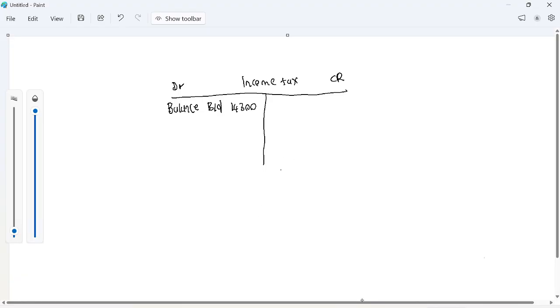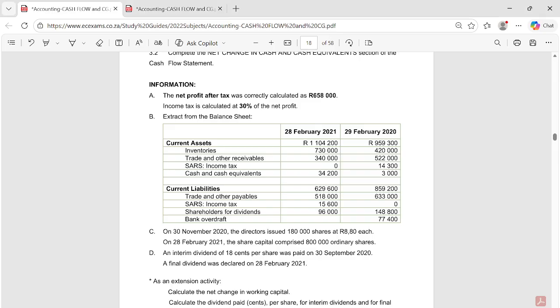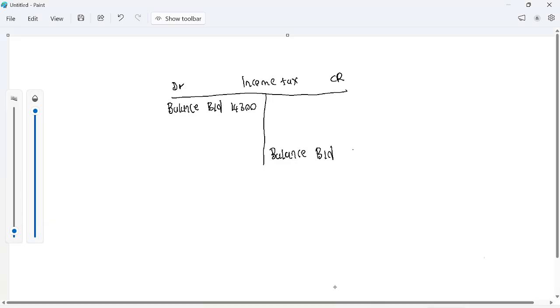We have a credit balance because our SARS income tax at the end of the year is under current liability. So therefore I'm going to say balance brought down under the credit side. What is the amount? The amount is 15,600.